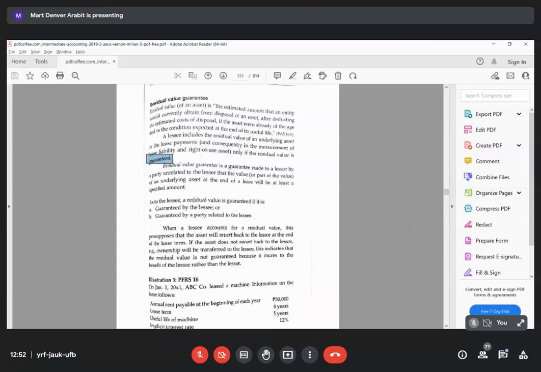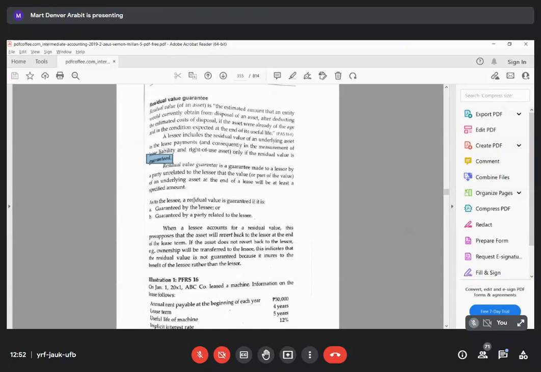Residual value guarantee is the guarantee made to a lessor by a party unrelated to the lessor that the value of an underlying asset at the end of the lease will be at least a specified amount. So, dapat third party to. Okay? So, there is someone na mag-guarantee dapat ng residual value for it to be considered as guaranteed residual value.